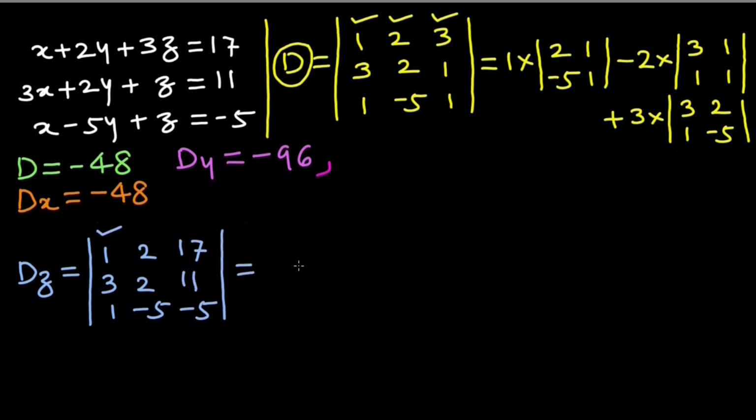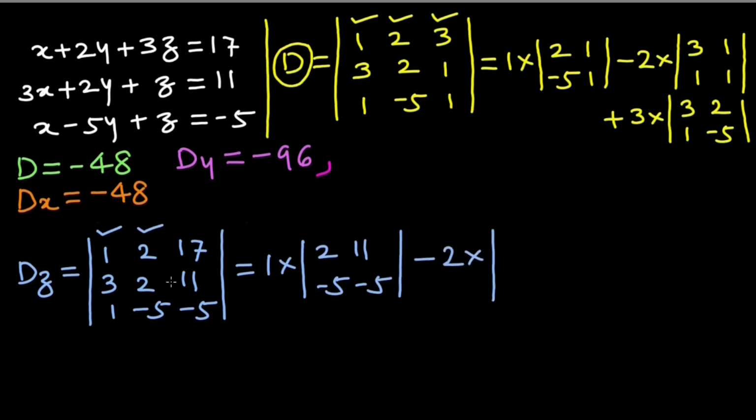So the first term 1 multiplied by its minor, which is 2, 11, minus 5, minus 5, then minus sign. Second element 2 multiplied by its minor 3, 11, 1, minus 5, then plus the third element 17 multiplied by its minor 3, 2, 1, minus 5.